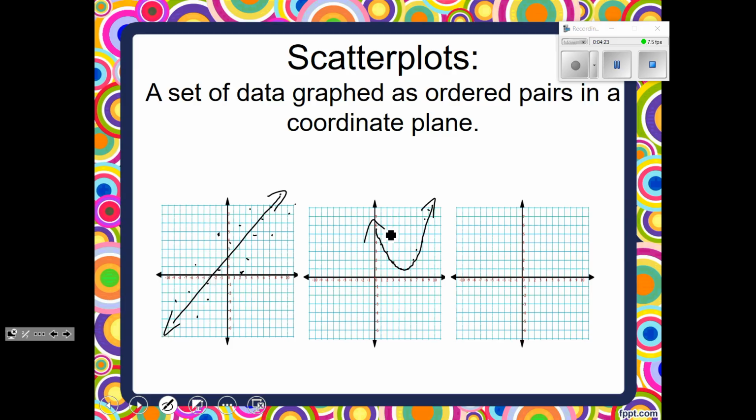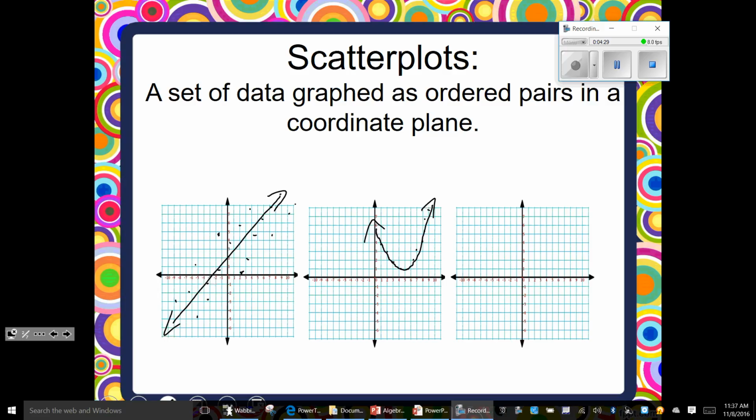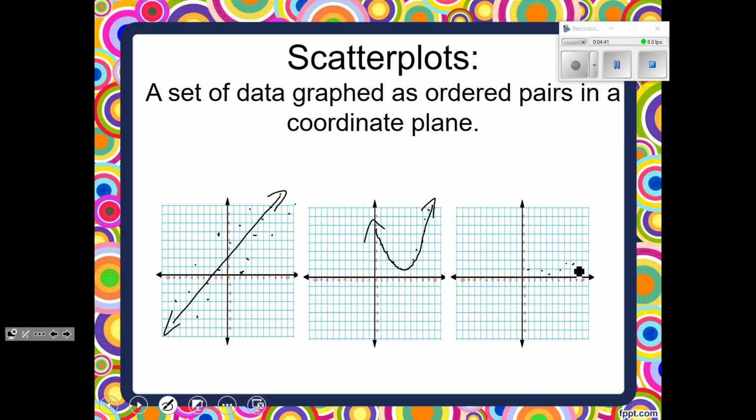So we're not necessarily going to be looking at just strictly linear. We might be looking at some quadratic regressions. We might even look at something that would look something like so. What would that be? That could be an exponential, and that's very possible.